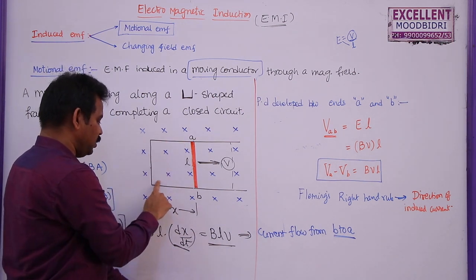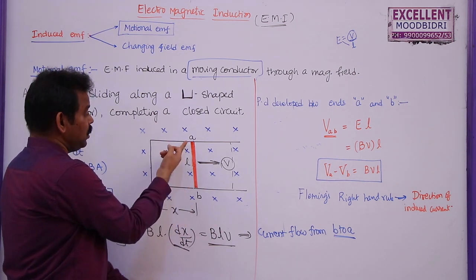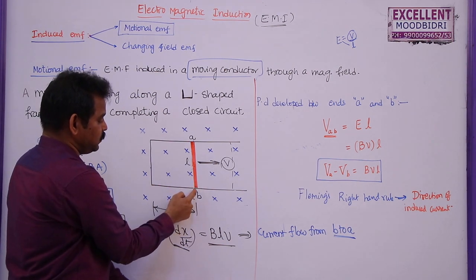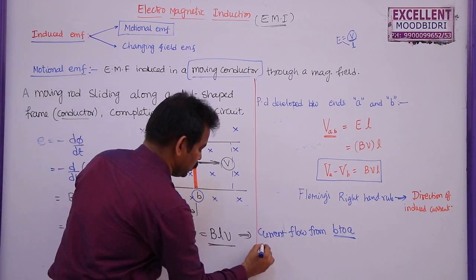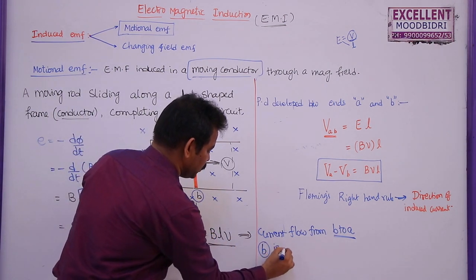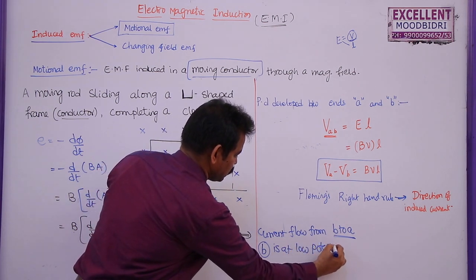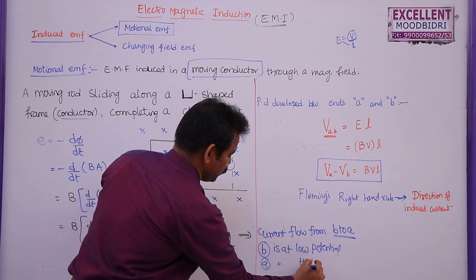Outside the battery or outside the source, current flows from high to low potential. Here it is from high to low potential outside, but within this rod it is from low to high potential. So B is at low potential and A is at high potential.